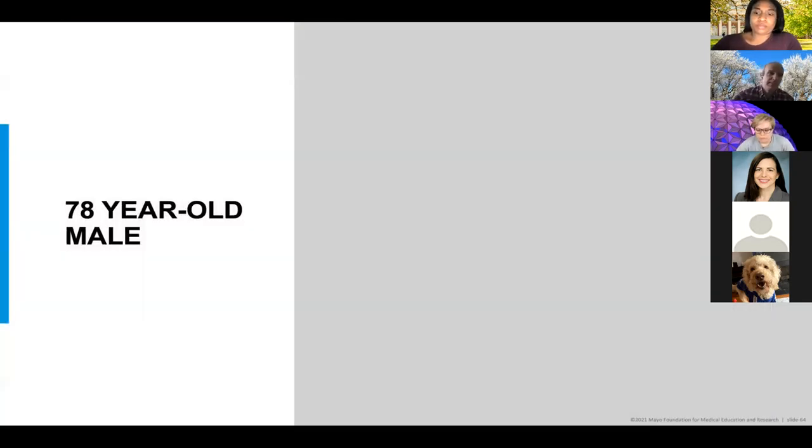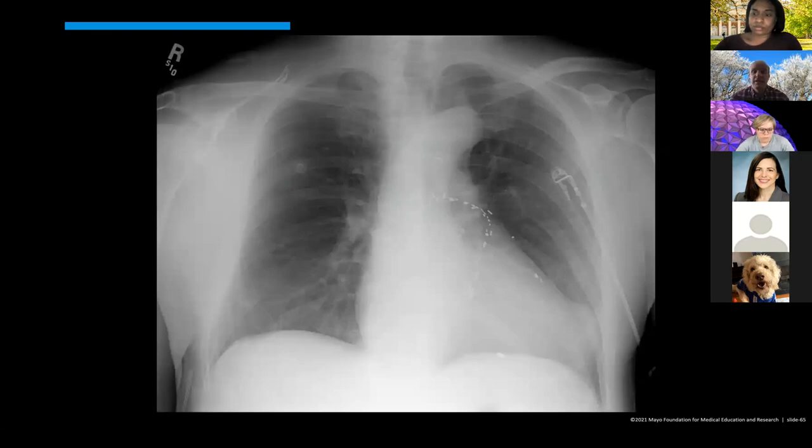Okay. Next case is a 78-year-old who presented with a stroke, and this was the chest X-ray that was obtained during admission. You can see the bypass clips. This would probably be the one situation where I would think it's important to mention the clips in your chest X-ray report.